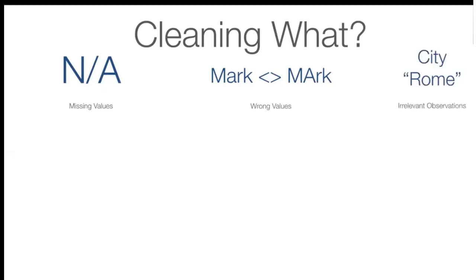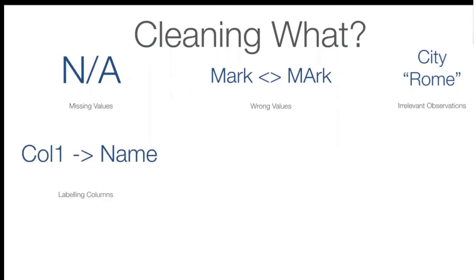Then we may need to remove some observations which are not relevant. For example, if we are trying to predict the traffic in Milan, should we keep the data of the traffic in Rome within our data set, or is that going to create fake predictions or a less accurate prediction for our model?